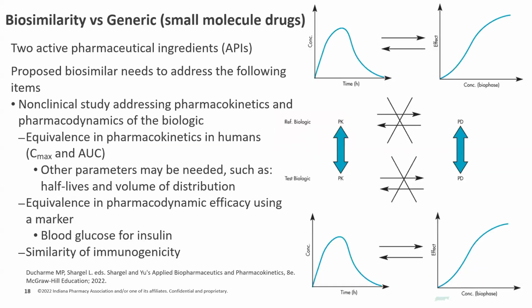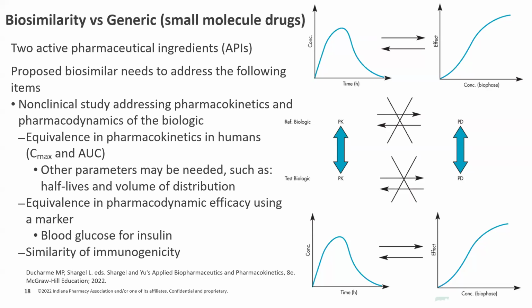Okay, circling back to the pharmacokinetics and pharmacodynamics that need to be assessed. Equivalency in pharmacokinetics may look at common pharmacokinetic parameters such as Cmax, area under the curve, otherwise known as AUC, half-lives, and volume of distribution as well, because that's how we look at how the body affects the drug.